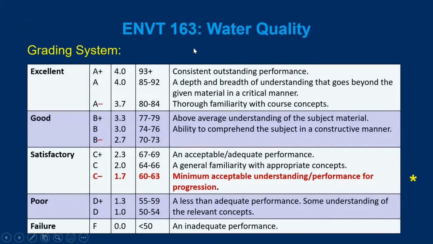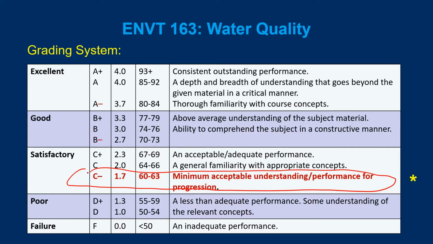I believe everyone is familiar with the grading system at Kwantlen. This is the conversion between the different grades and the letter grades and the percent grades. I always try to highlight this here, right? C minus. C minus is probably the minimum you should go for because you're going to need that if this course is a prerequisite for others.